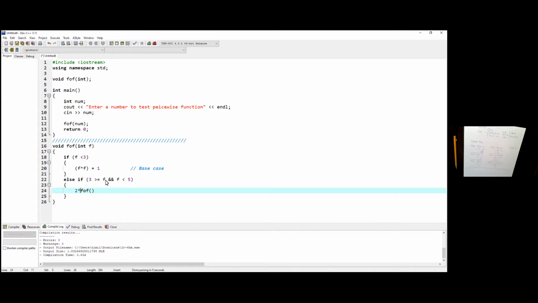Now, first of all, before the 2, remember, we're going to be returning this value once it's calculated. So it should be return 2 times f of, and in the parentheses, you're subtracting 1 from that f, so f minus 1.